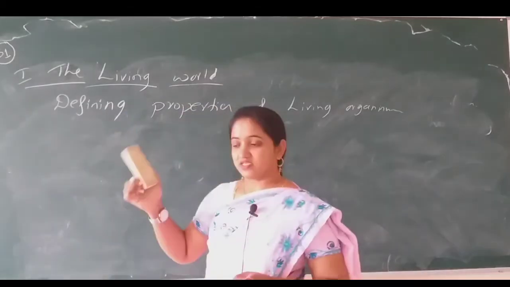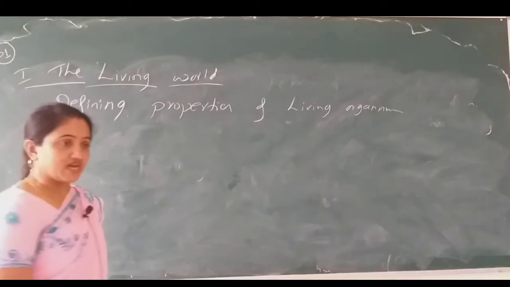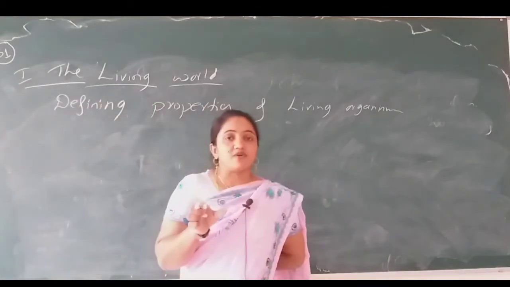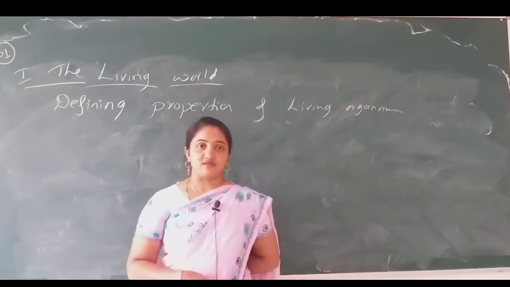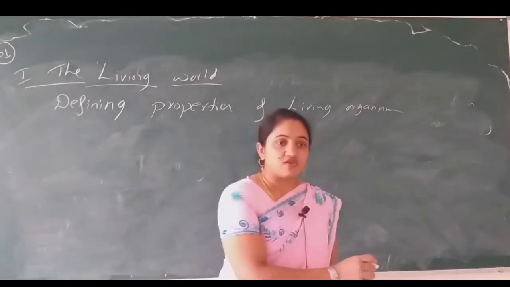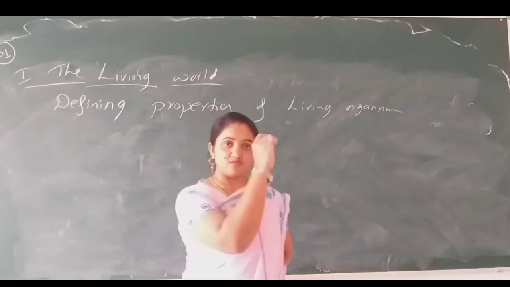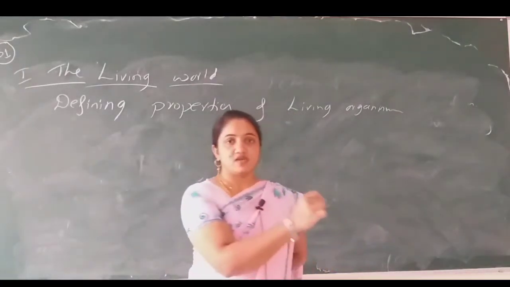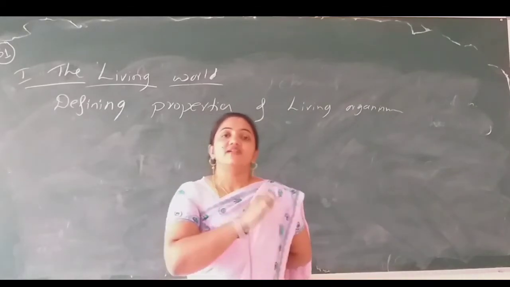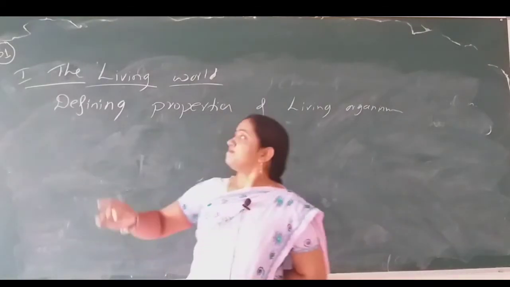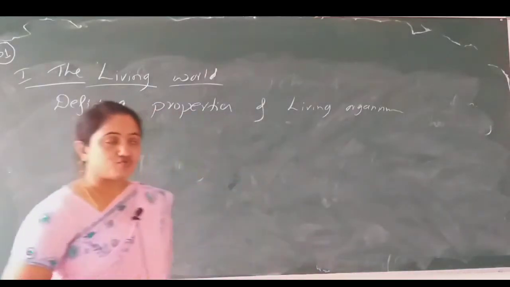I'll write each and every property that should come under living organism. If it is a living organism, these properties are a must. These properties should be present in the living organism. Other properties, like simply growing, let me write those properties.